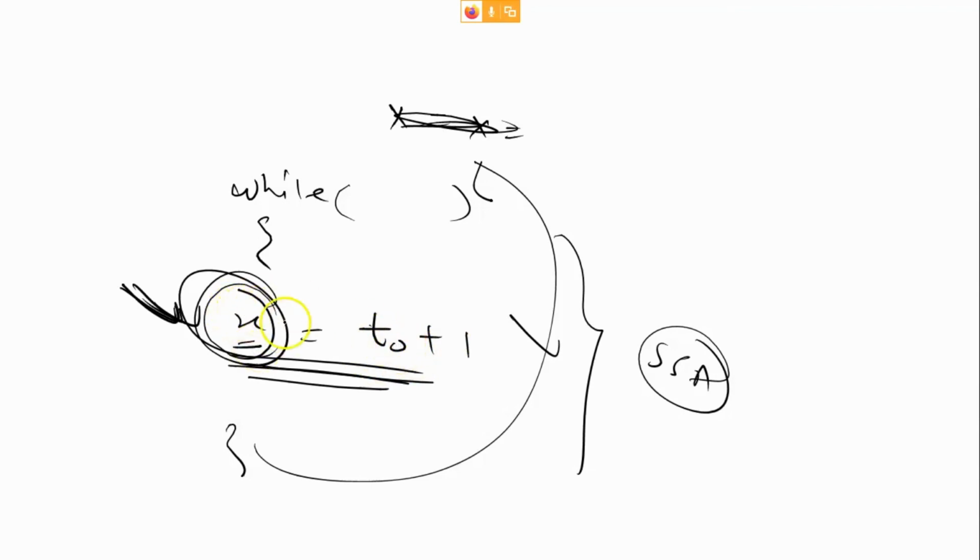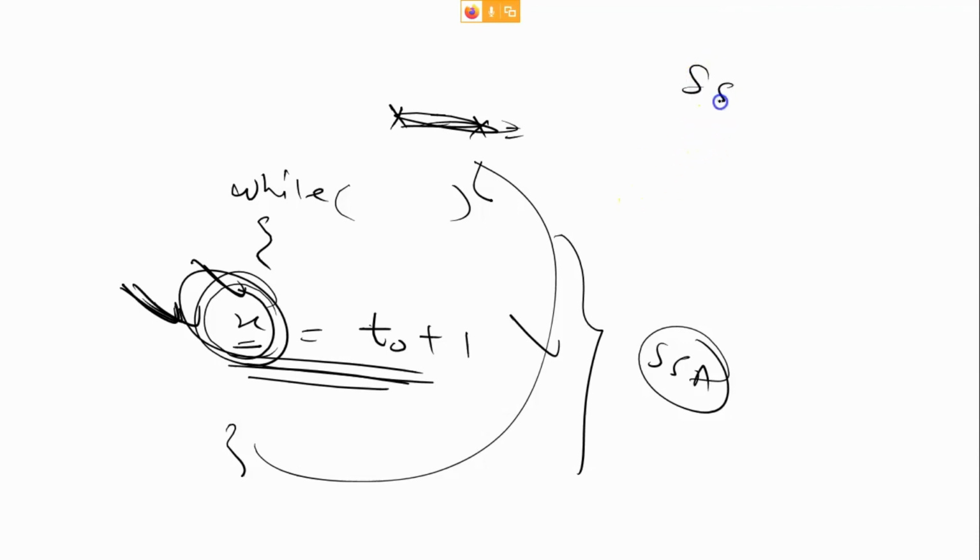So if this while loop is going on 5 times, then for the same variable 5 assignments will happen. That's why you might say, how is it SSA? Because this variable x is being defined 5 times. That is a legitimate doubt, but that is the point.